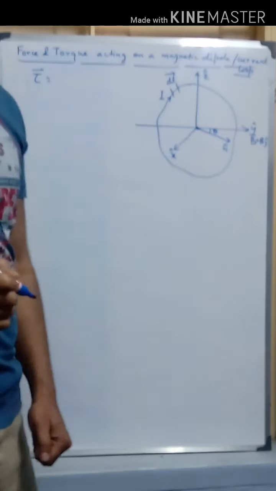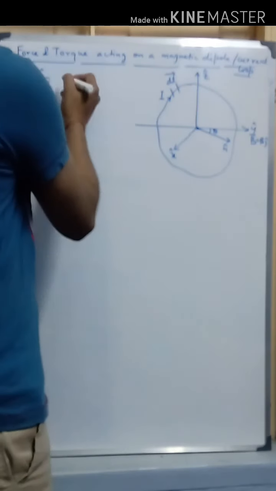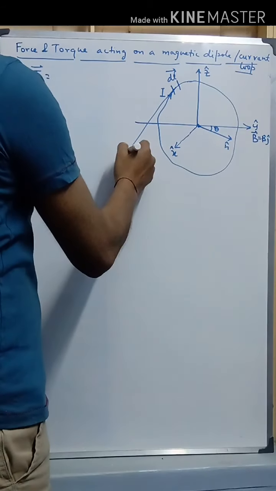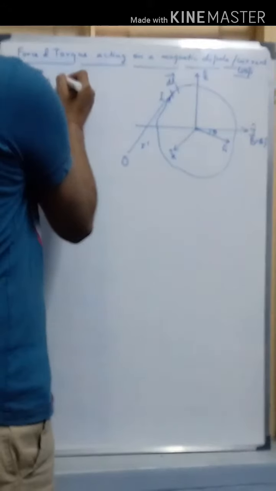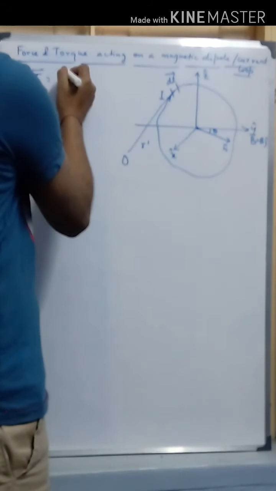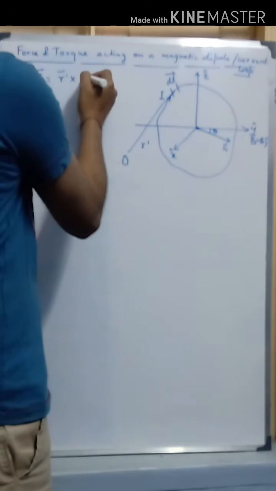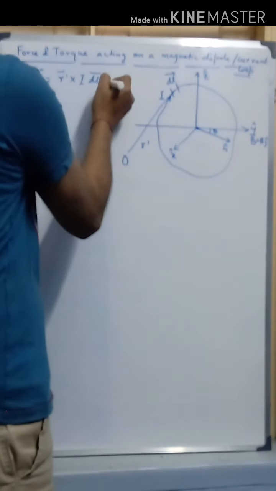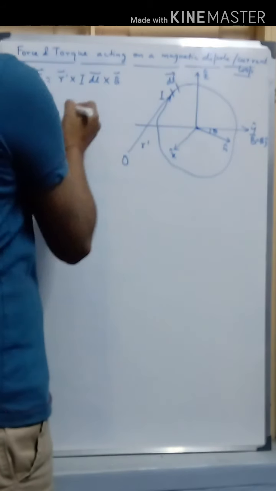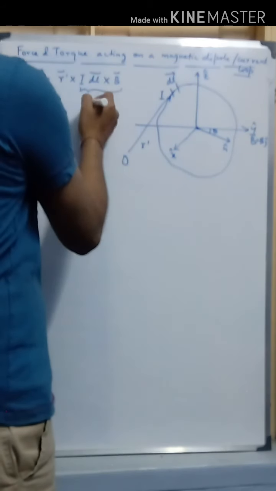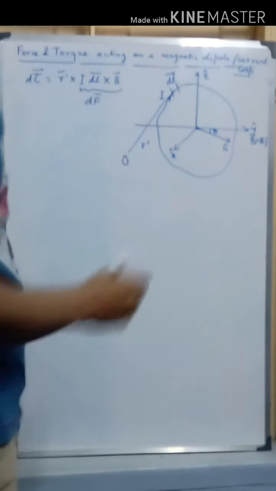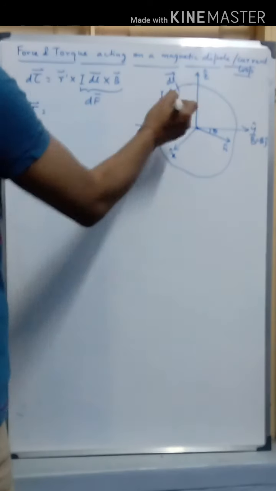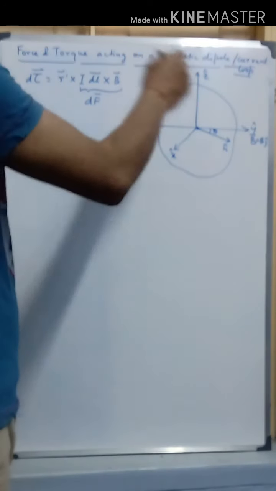If the coordinate of an element with respect to any arbitrary origin is r prime, then for an elementary length, the force acting is dF equal to I dl cross B. So what is the net torque acting on the whole loop?